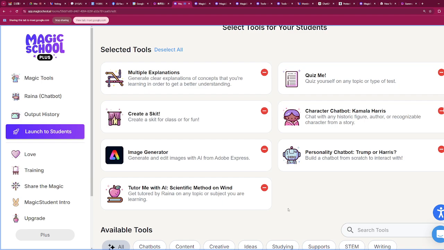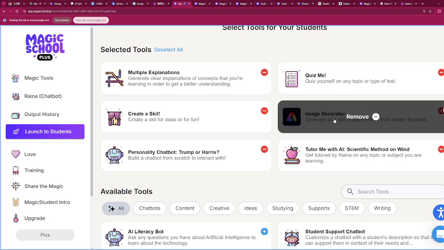The AI would chat with you on how to measure wind using the scientific method. Create a skit for personality and multiple explanations. I focused on the personality types of the Johari window. Quiz me is still on the Johari window. For the chat bot, it's on personality types, talking to Kamala Harris or Donald Trump.